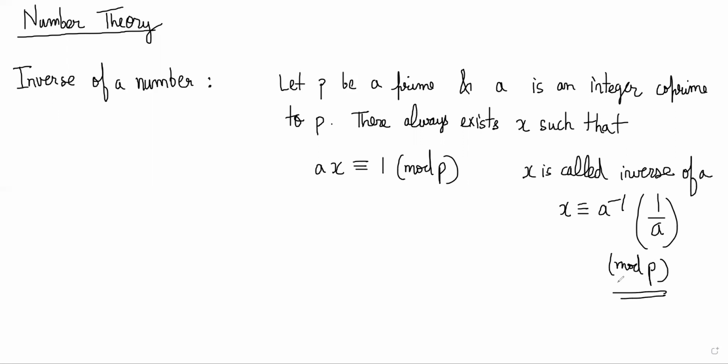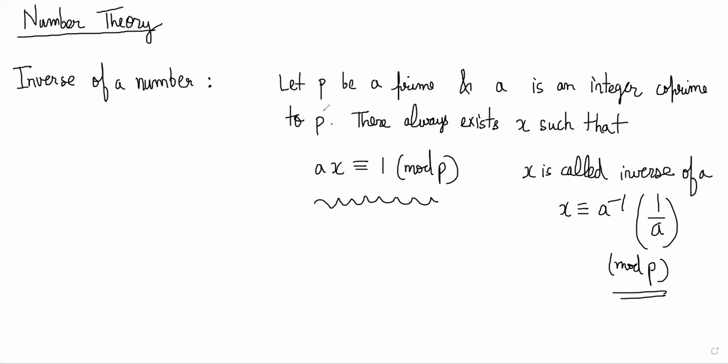Now the question was, how can we be sure that there is always an x? That was the question that we did not solve last class. Actually, there is a very easy way to be sure.